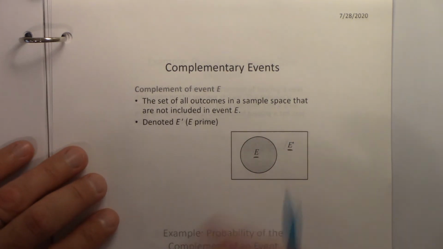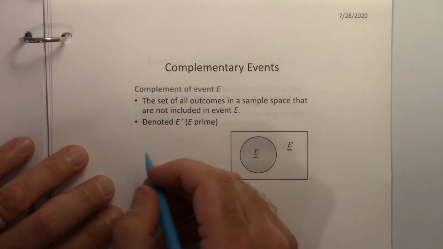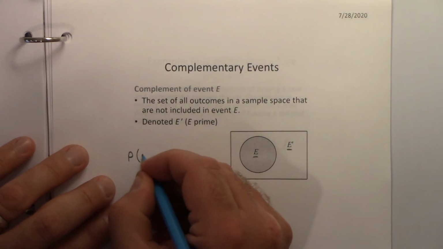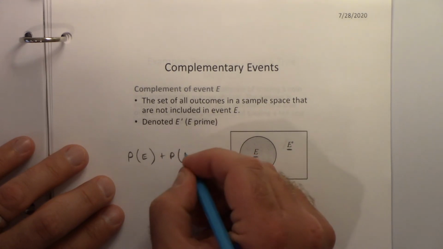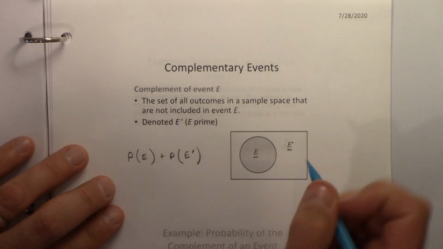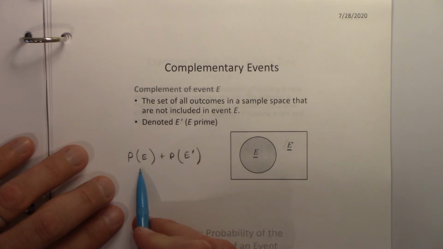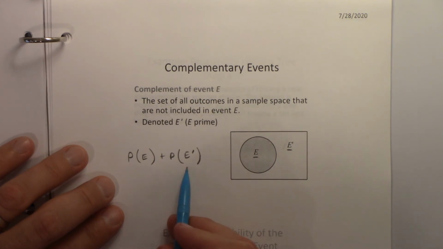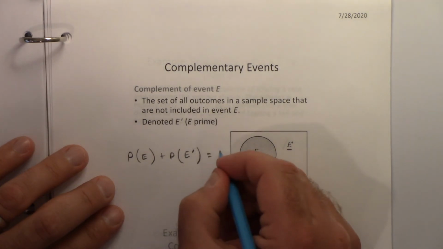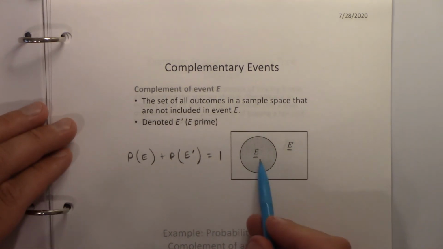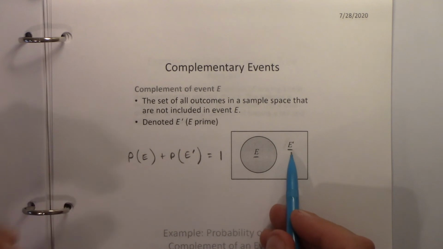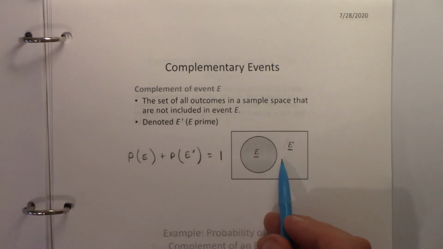And we call this a law of total probability. I'm going to write it out here that if you take the probability of event E and you add the probability of event E prime, so this is the probability of the event plus the probability of its complement, that always adds up to 1. It has to. When you look at an event and its complement, you're always accounting for every possible outcome.